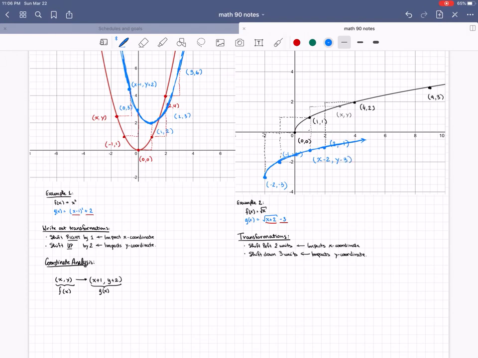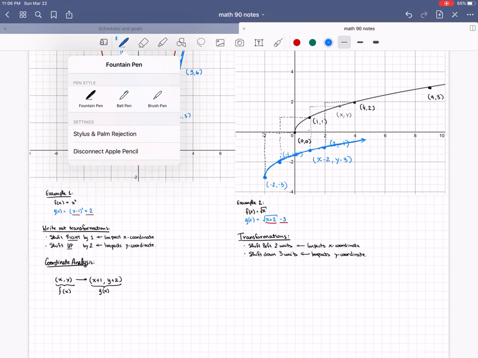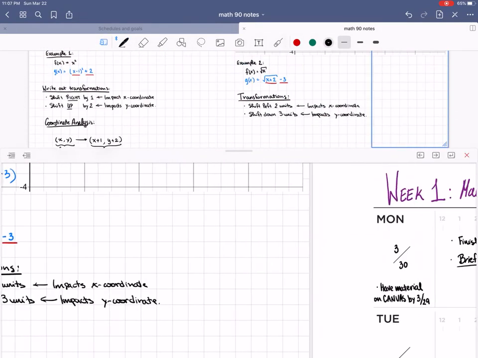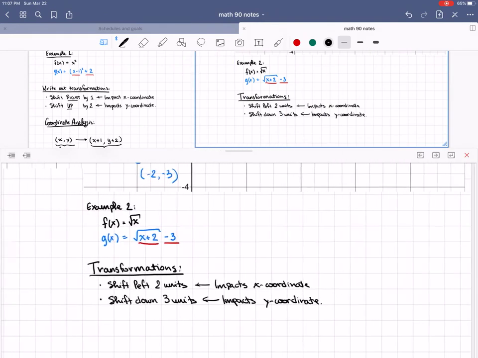So what that tells us, again, I'm calling it the coordinate analysis. I'm going to zoom in down here so we can write it really well.